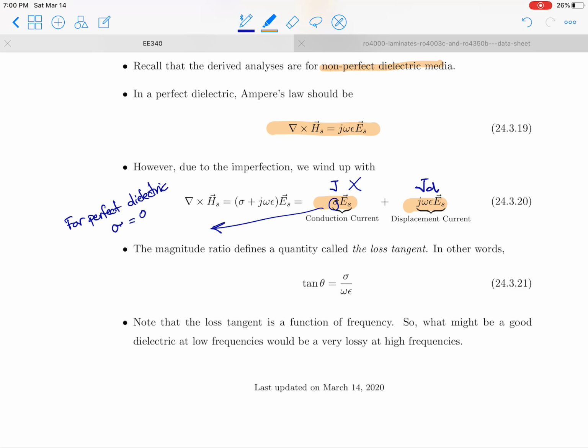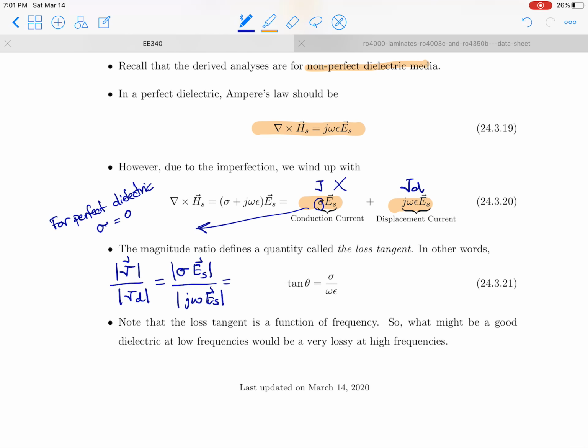If we take the ratio between the magnitude of the conduction current and the magnitude of the displacement current, we will end up with what is known as the loss tangent.